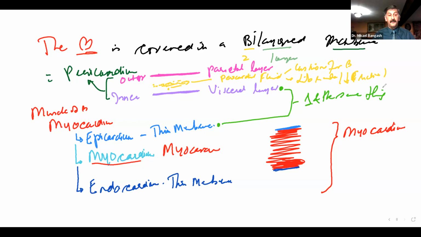But if we take it as a part of the pericardium, it will be referred to as the visceral layer of the pericardium. Did I make myself clear here? Yes. Whereas if that very same layer is taken in context as a part of the myocardium, it is known as the epicardium.